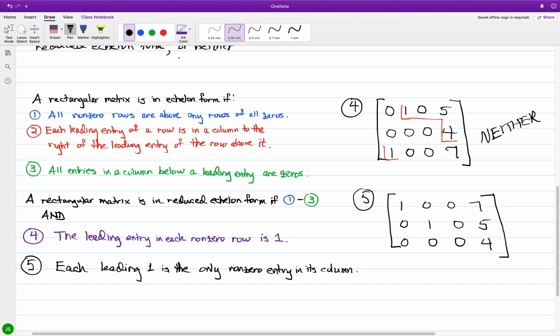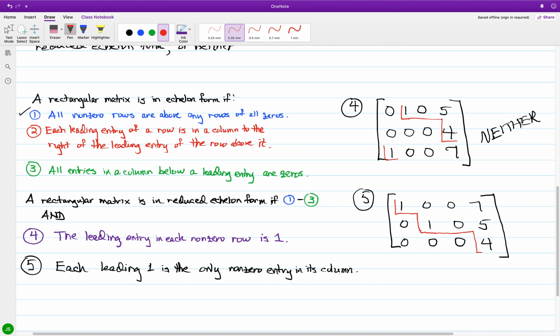Again, we don't have all-zero rows, so that part is satisfied. And we have each leading entry: in the first row the leading entry is 1, and in the second row the leading entry is 1. Each leading entry is to the right of the leading entry of the row above it.